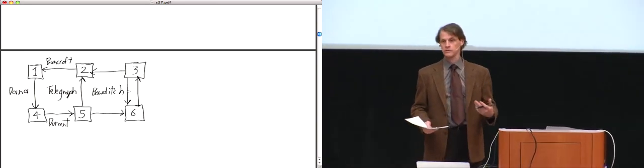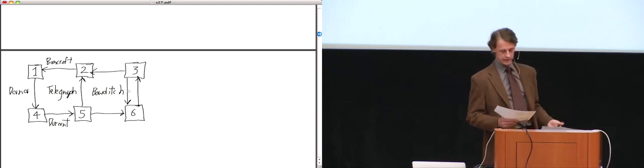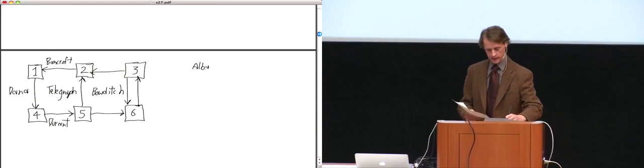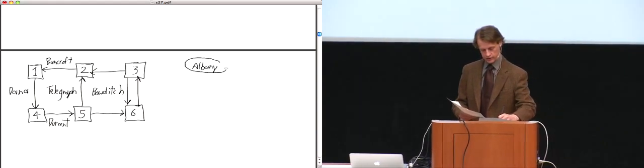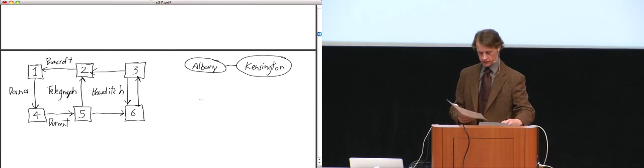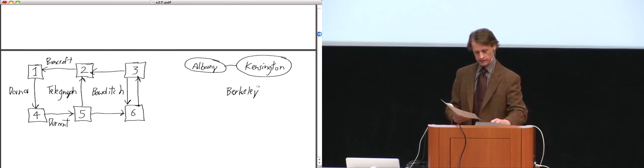There are other examples of things where it's really natural to use an undirected graph. Like, let's suppose you want to know what cities in the East Bay are adjacent to each other, like share a border, and which ones don't. Well, if Albany shares a border with Kensington, then obviously Kensington shares a border with Albany, so it doesn't really make sense to use a directed graph here.